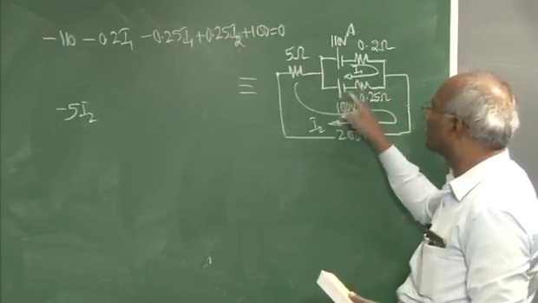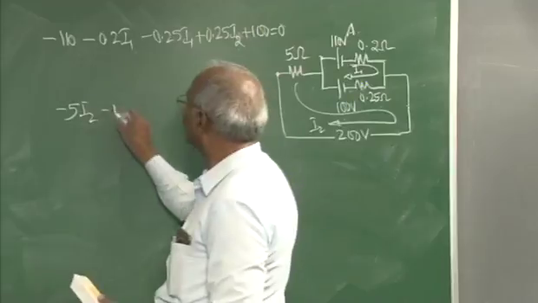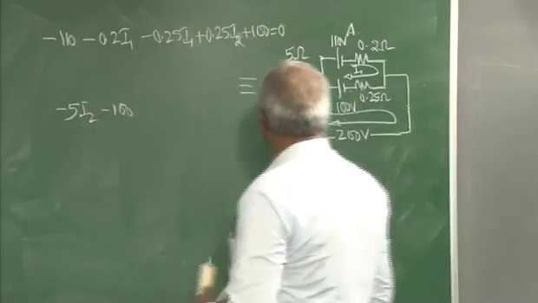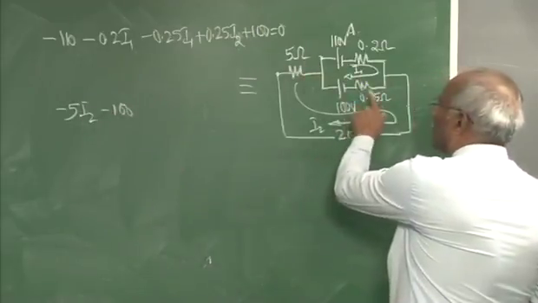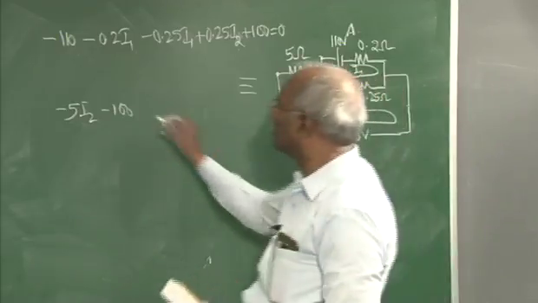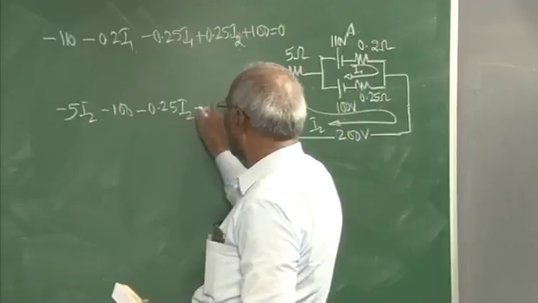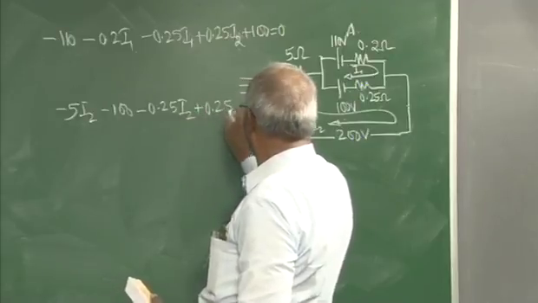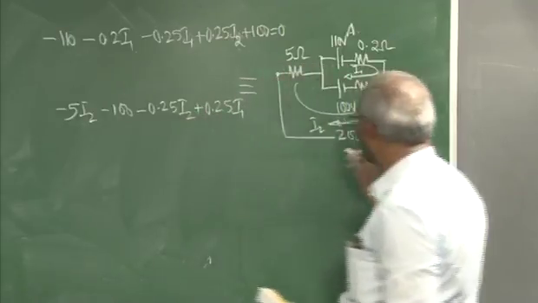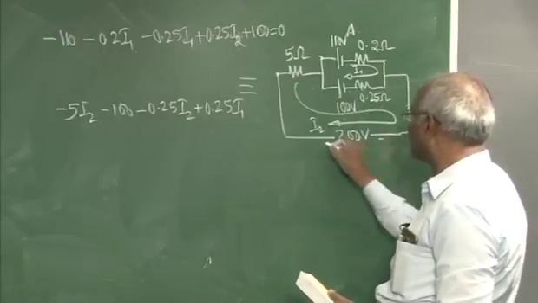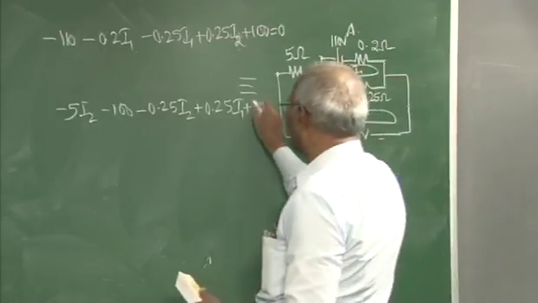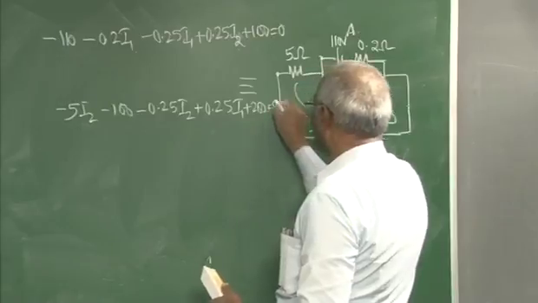Plus to minus, it's nothing but minus 100. Then in this resistor, we have two currents, I1 and I2. This will be minus 0.25 I2 and plus 0.25 I1. And when it comes to this point here, it is minus to plus, it is plus 200 equal to 0.